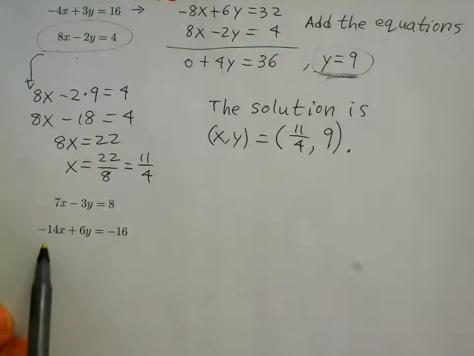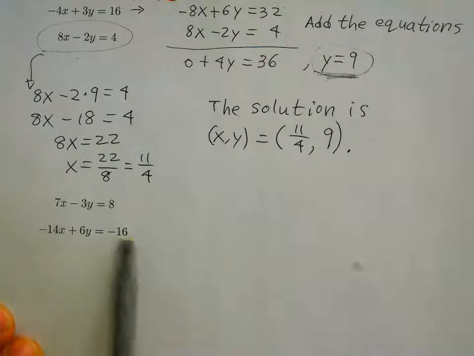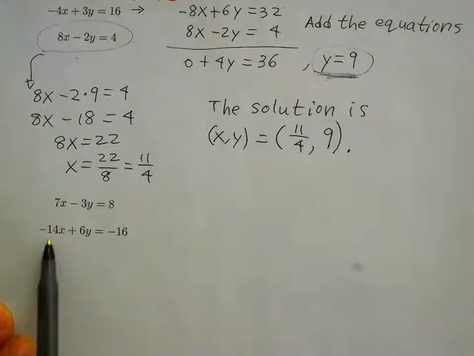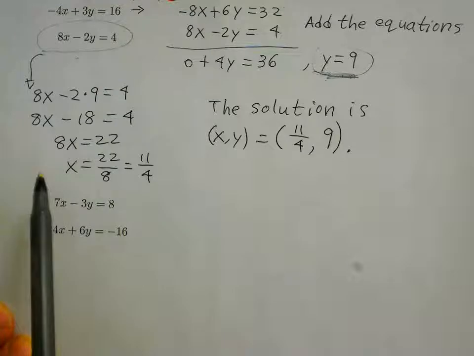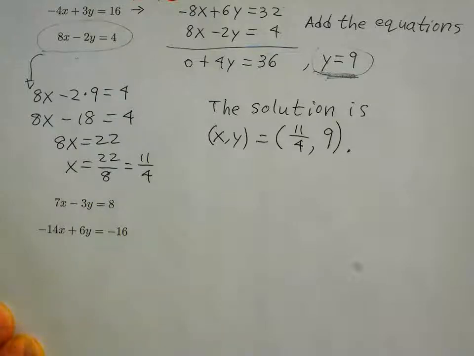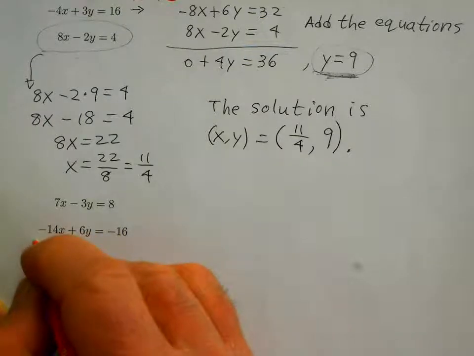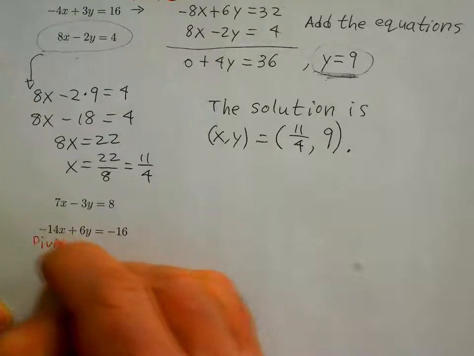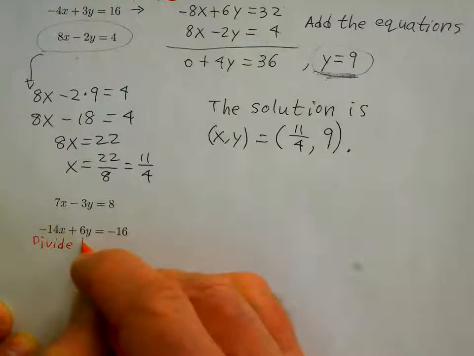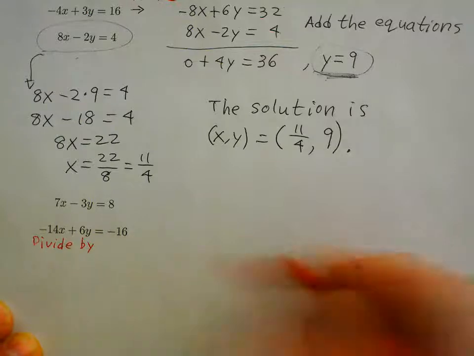So if I divide every term on both sides of the bottom equation by 2, then the coefficient of x will be negative 7, and 7x plus negative 7x is also 0. I just want to make sure that you're aware of various options. So I'm going to divide the bottom equation, every term on both sides, by 2.